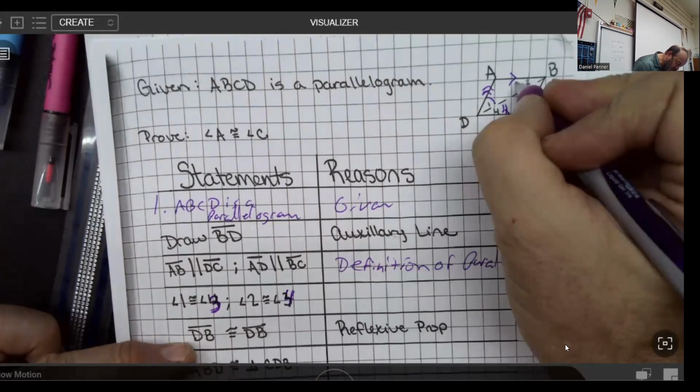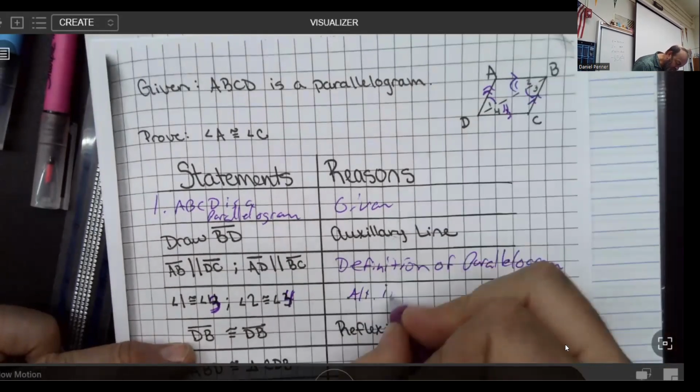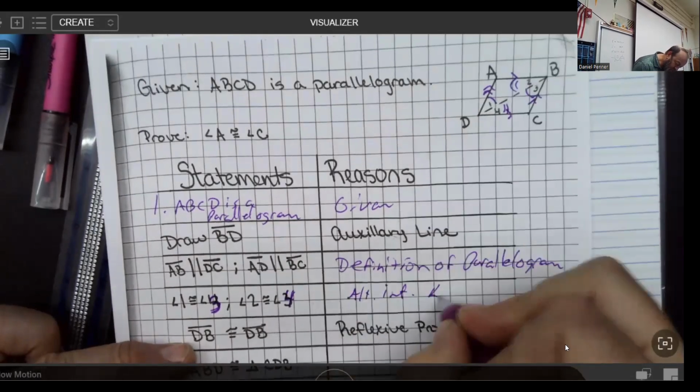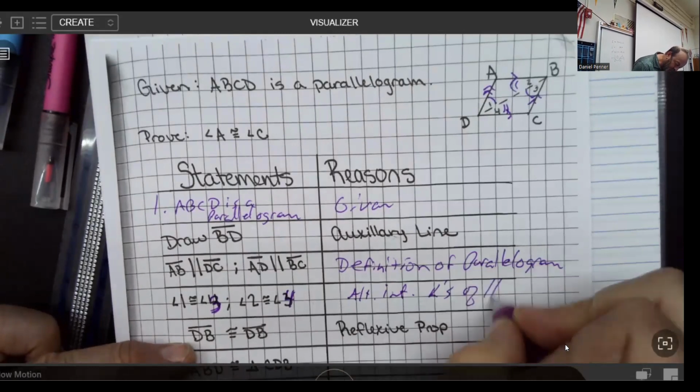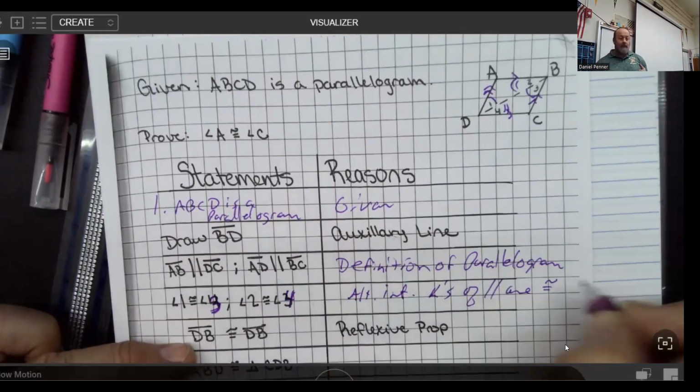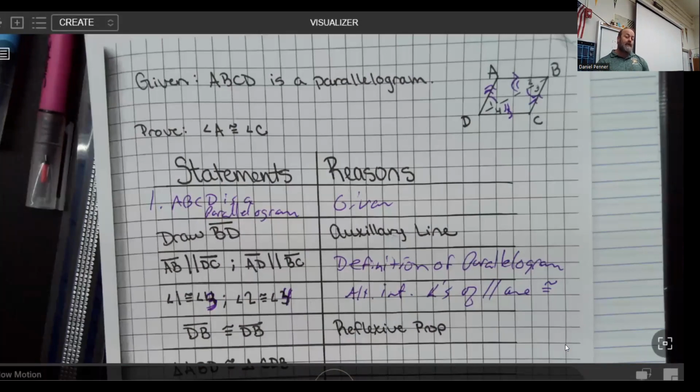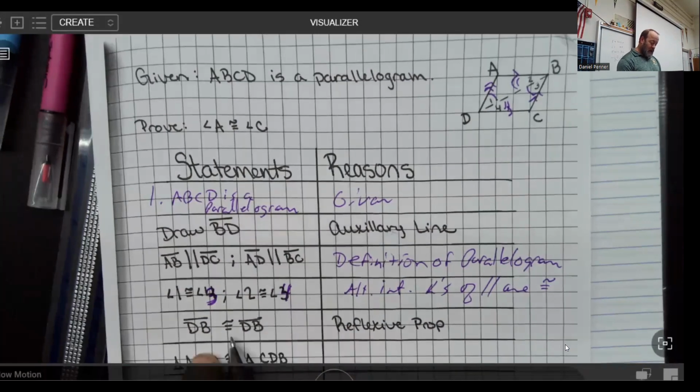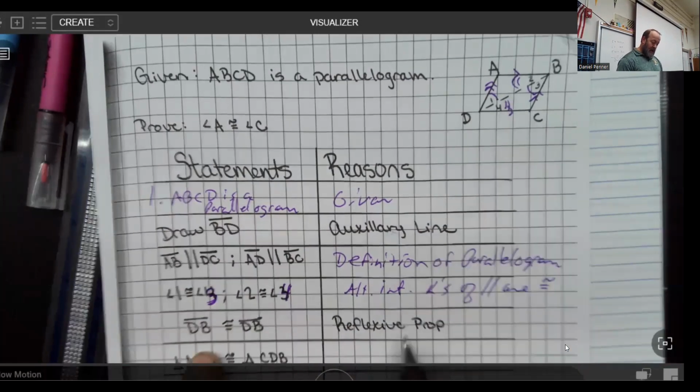And that's true because alternate interior angles of parallel lines are congruent. Now, that's a lot of writing, but we know that if the lines are parallel, then the alternate interior angles are congruent. And we also know that if you share a side, you have this.